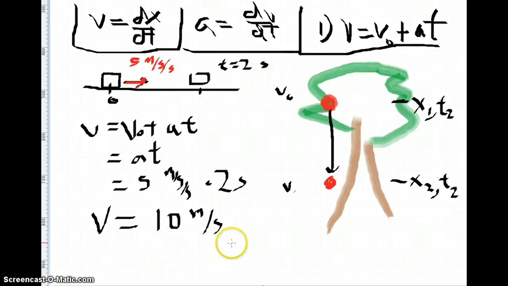If we want to figure out how far it traveled, remember that velocity is also equal to distance over time. The change in distance over time we did before was dx over dt, velocity is dx dt. Well, the distance it traveled we don't know, but we do know the velocity and we do know the time.